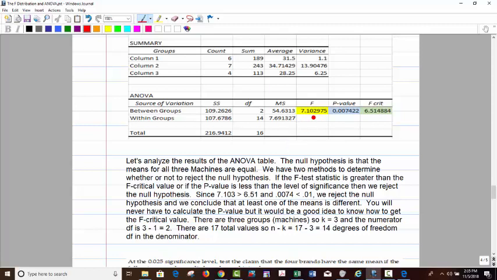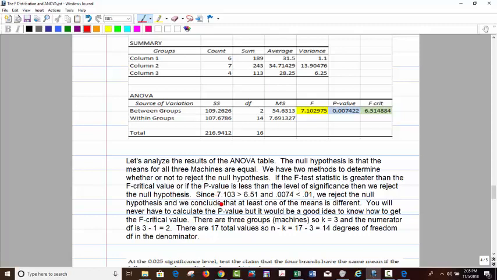Here's the F, 7.103. So 7.103 is greater than 6.51. So we reject, and actually I'm including this in the same sentence as the p-value. Recall from hypothesis testing that if the p-value is less than your alpha, you reject.